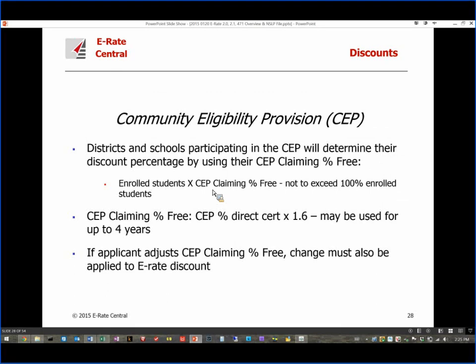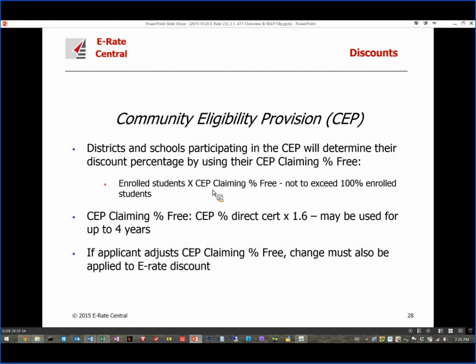I'm going to talk to you about the concept of CEP and how it's going to work. When we get to the 471, I'll talk to you about how that actually is applied. But basically, the way that the CEP is going to be applied is they're going to take the number of enrolled students and multiply it times the CEP claiming percentage free.